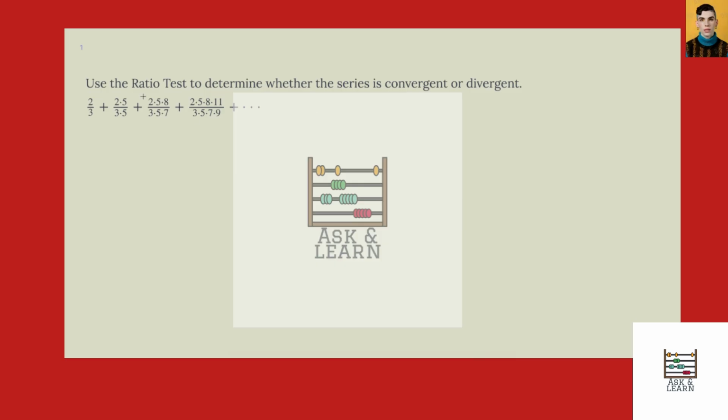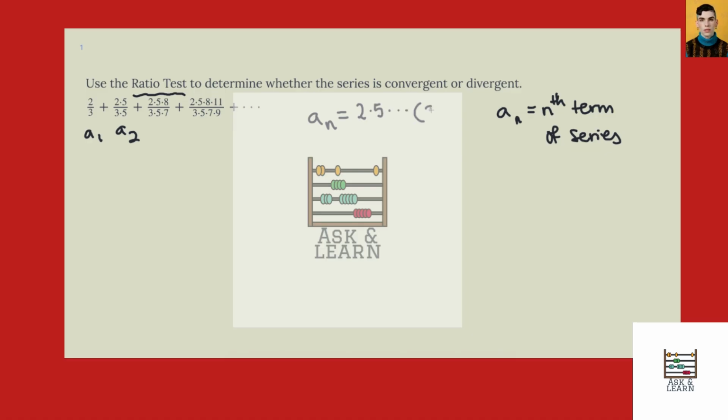To use the ratio test here, it would be helpful to have a formula for the nth term of the series. Now we see here our first term, A1, A2, and so on. And if we keep going on in this pattern, you see in the numerator, we start off with 2, and then we keep adding 3.